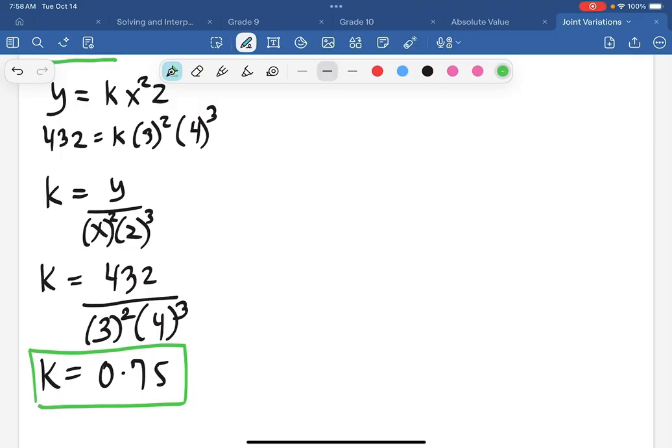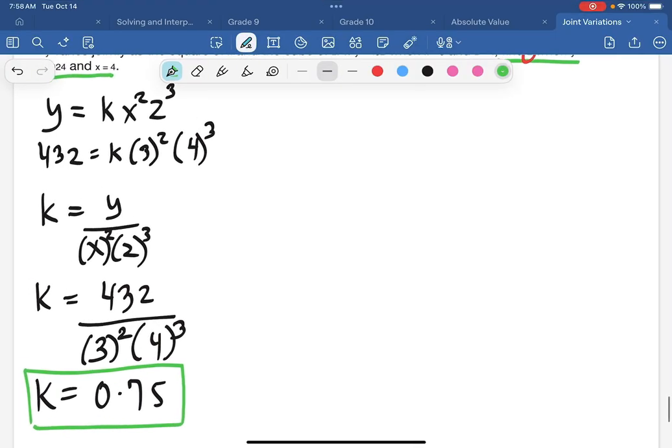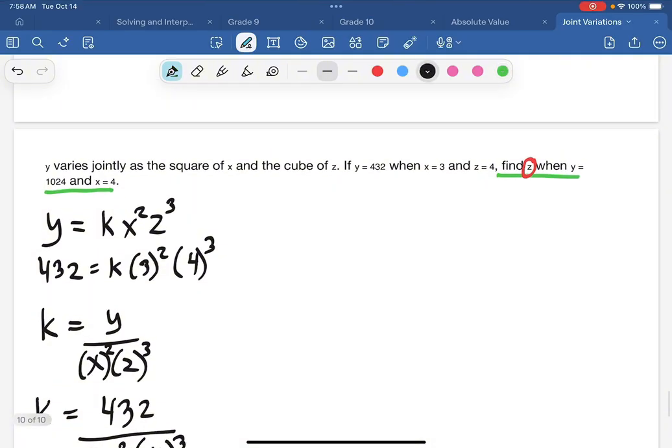Since we know the constant, this time let's go back to the second part of the problem. So let's just write this first. We have k equals 0.75. Y is available, so 1024. X is also available, which is 4.